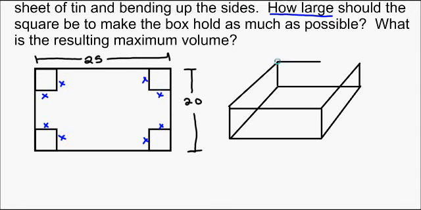One more. Okay, and you can see, since these parts aren't here, really I'm folding on this dotted line and here. Which means that the height of the box is this x. So this is x.